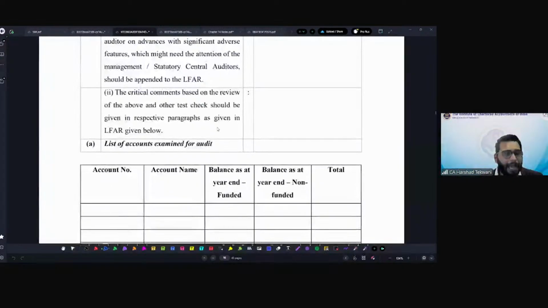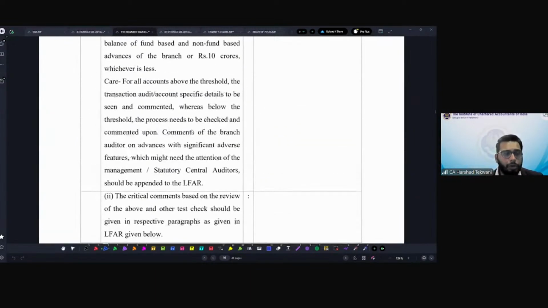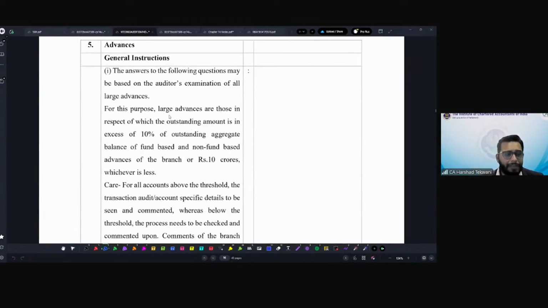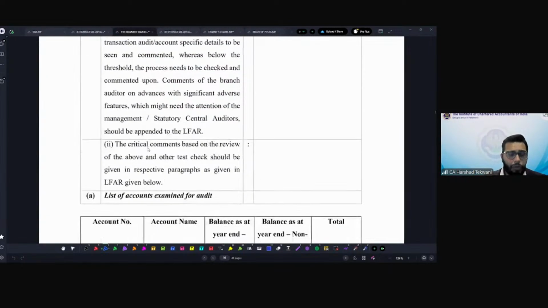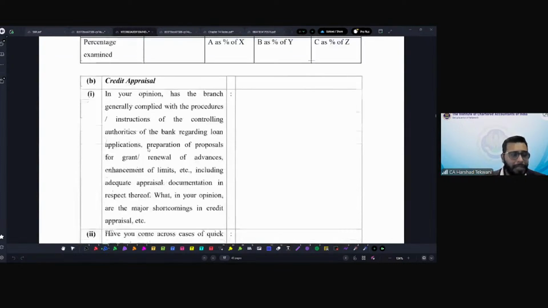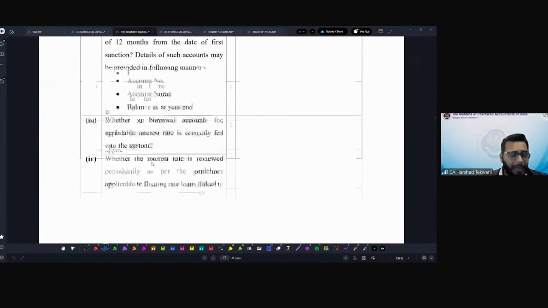For advances, as an auditor, we are required to report on certain matters. For example, on large advances in excess of 10 crores or 10% of aggregate outstanding balances, what was the scenario on those advances, plus whether provision has been made on these accounts or not.